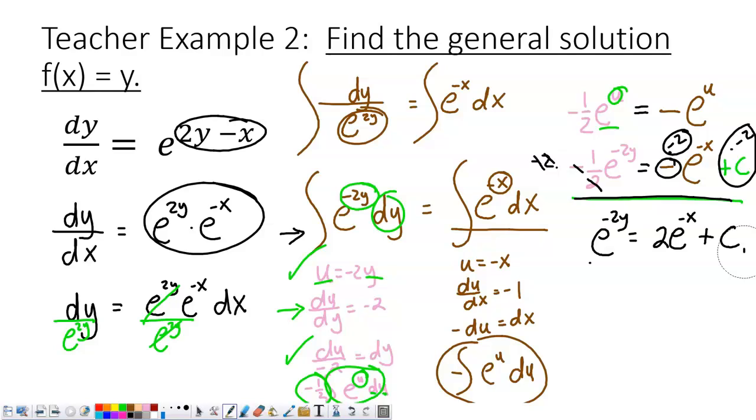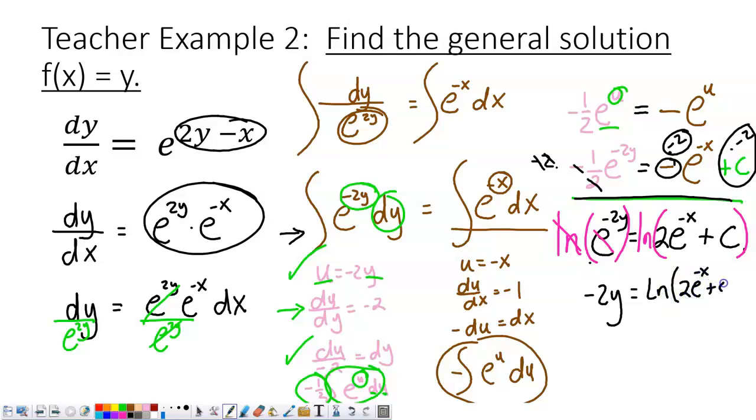Well, I need to get it out of the exponent, and we talked about that earlier today. You take the natural log on both sides. Okay? And the natural log cancels out the e. So now I have negative 2y is equal to ln of 2e to the negative x plus c.